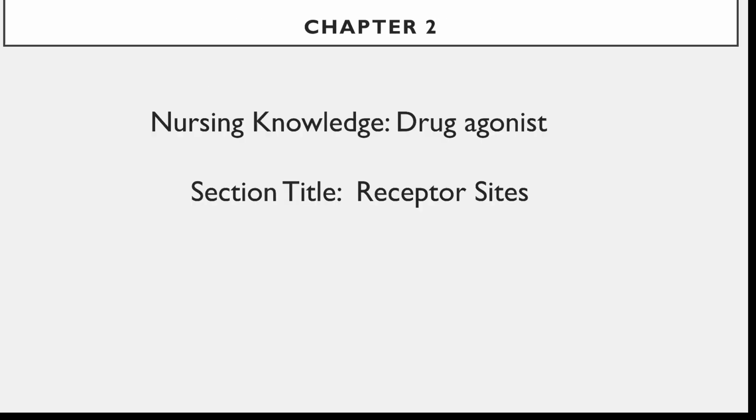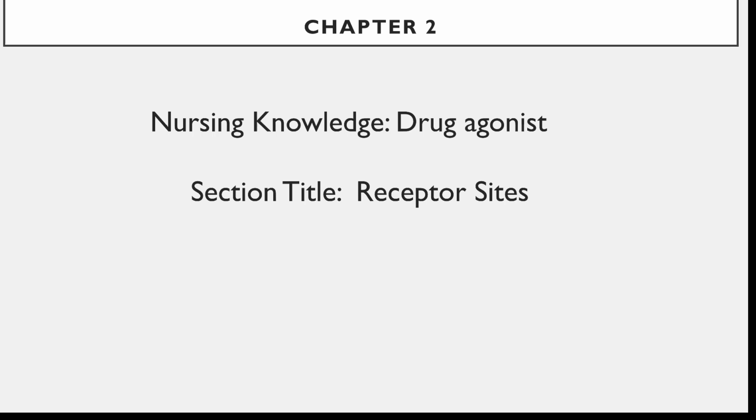So again, a lot of the questions are related to nursing knowledge, nursing interventions, and patient education. In your nursing knowledge database, in your mind, you should be aware of certain terms, including the term agonist. Agonists are drugs that produce effects similar to those produced by naturally occurring neurotransmitters or hormones or other substances found in your body.